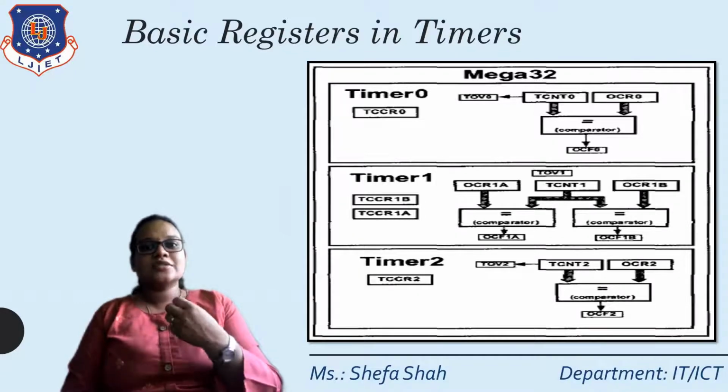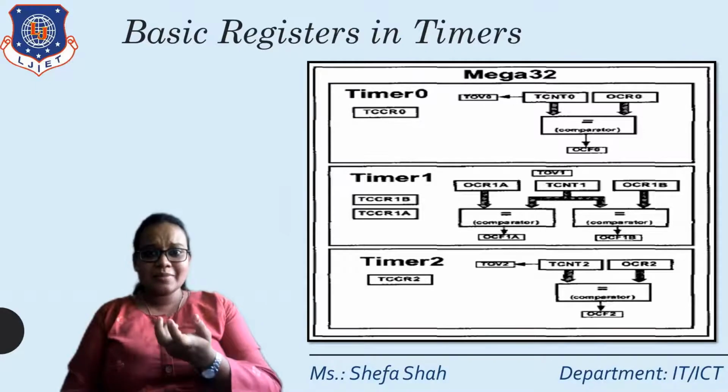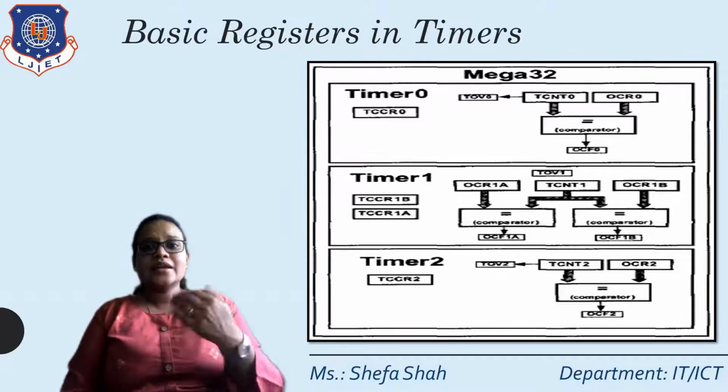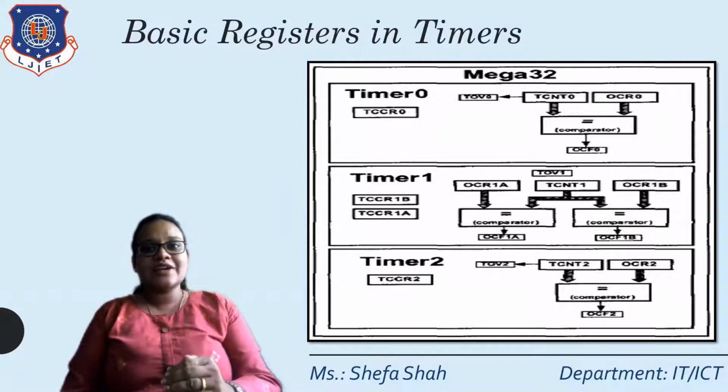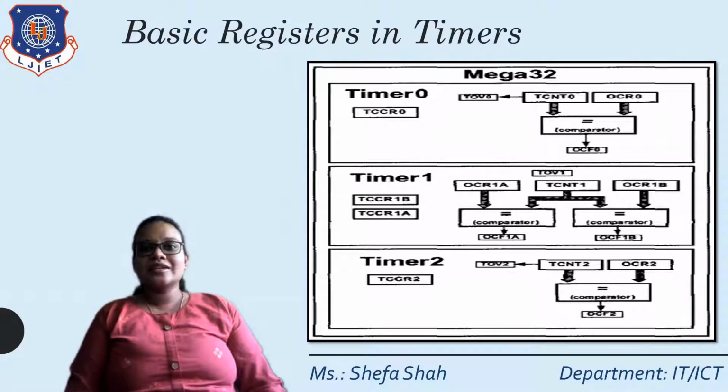As soon as the data matches between the two registers, the OCF, the output compare flag, will be set after the comparison is completed and the match occurs. So these are the two ways the timer works.